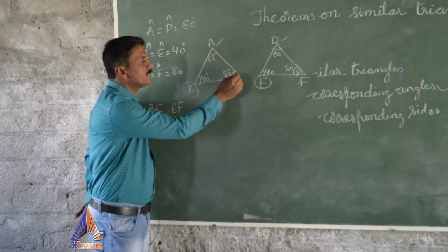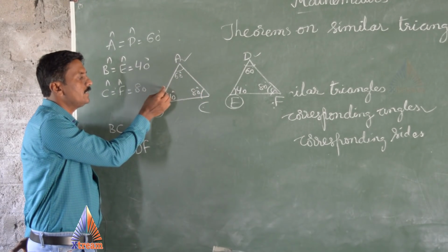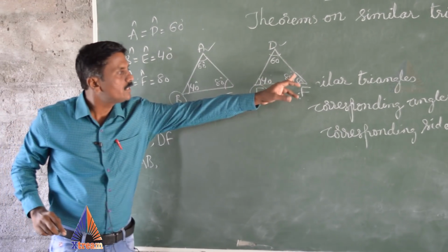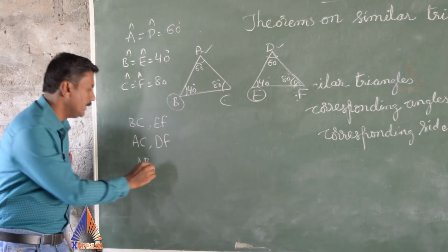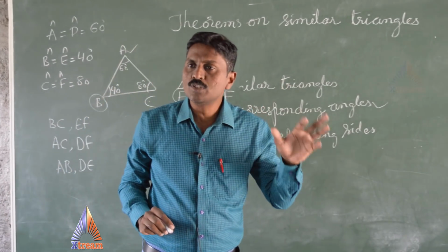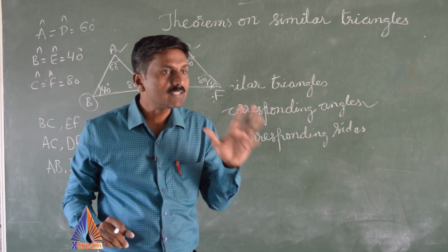And look at angle C and F. Here the side opposite to C is AB and the side opposite to F is DE. So sides opposite to corresponding angles are called corresponding sides.